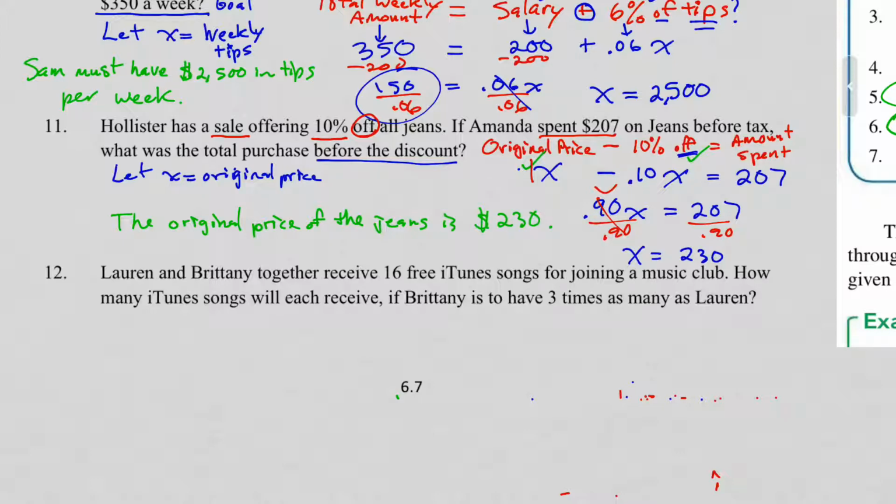Okay, it's a sentence. The original price of the jeans is $230. Okay, we got to get away from just throwing numbers and X's around and just saying that you're done. Okay, that's just the algebra that was used as a tool to figure out this real world problem.